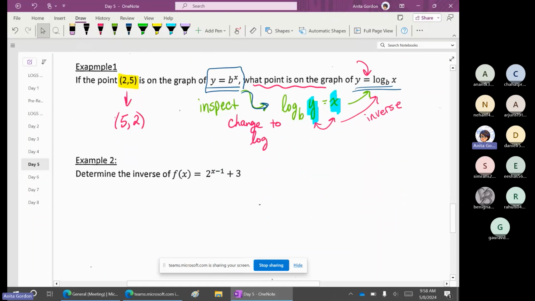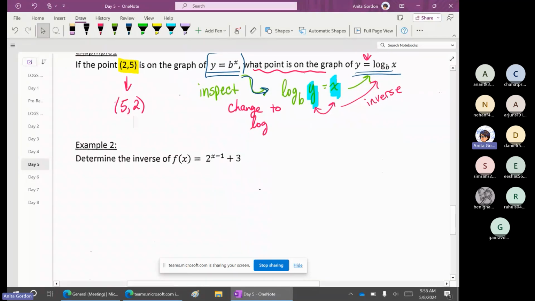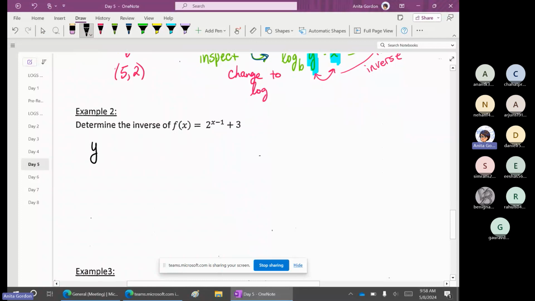Okay, determine the inverse of f of x equals 2 to the x minus 1, plus 3. I'm going to write this as a y equals equation. y equals 2 to the x minus 1 plus 3. Okay, to make this an inverse, invert.